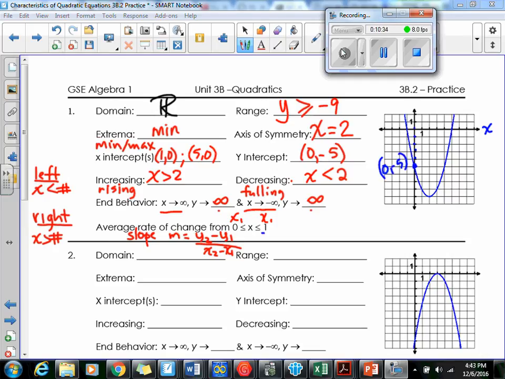And then I have a 1, so I go to 1, and then I start dropping down until I hit the parabola. That looks like it's going to be (1, -8), right? So that's my other point. I'm going to put both of those points into the slope formula. Remember, y is on top, x is on the bottom. So I have -8 minus, because the formula has a subtraction sign in it, a -5.